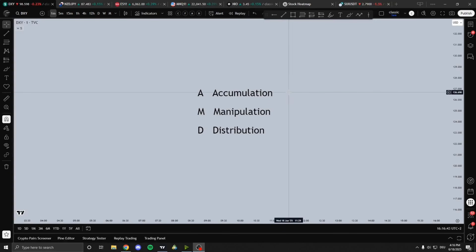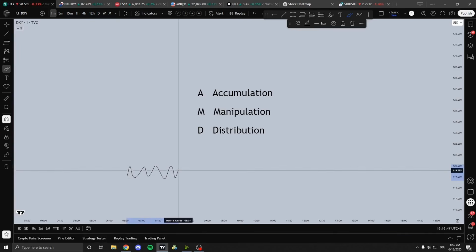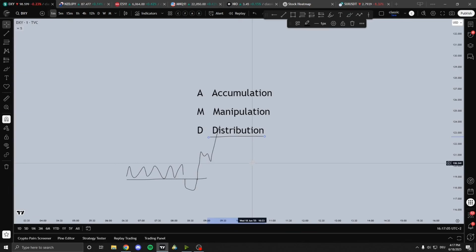What this looks like as a pattern is usually we have, as mentioned, a range, and then price breaks out below the range lows, or the range highs if it's a bearish AMD, trades below the range lows, and then we transition into expansion, which is then the distribution phase.